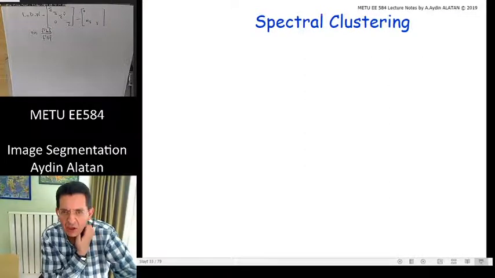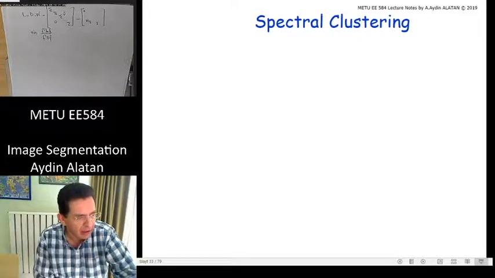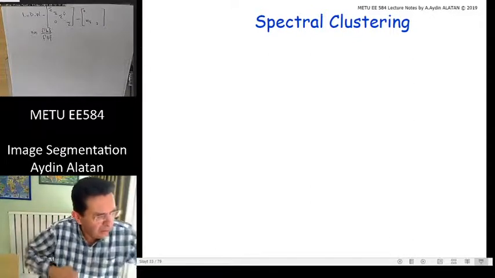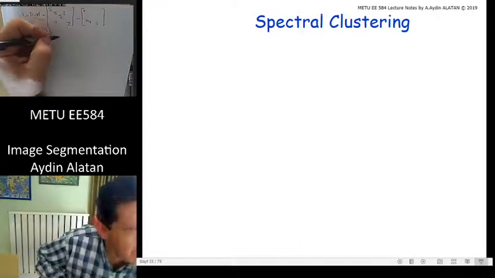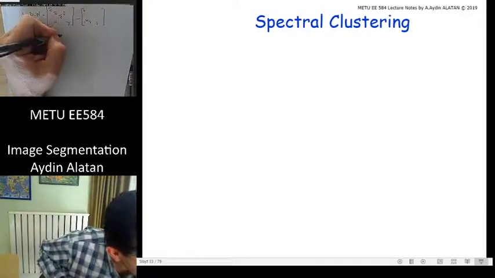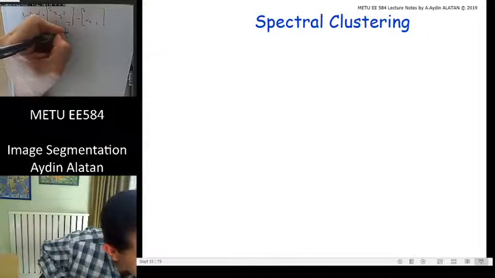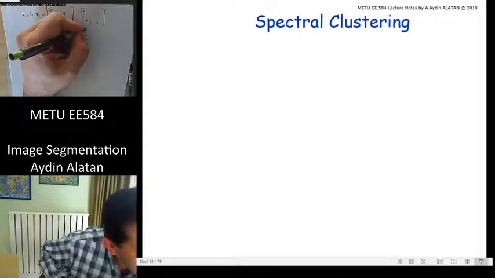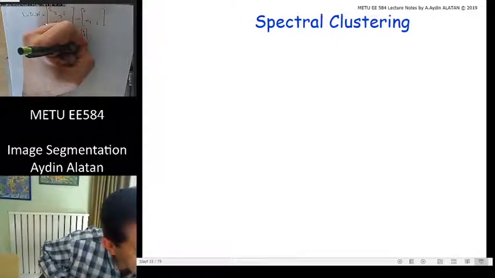Now, I'm going to tell you what spectral clustering is. Before moving into that, I would like to remind you of one little thing. Please note, if this L matrix is multiplied with a constant 1 vector, which means effectively D is multiplied with 1s, I think I did this in the previous hour, but I'm doing it once again.